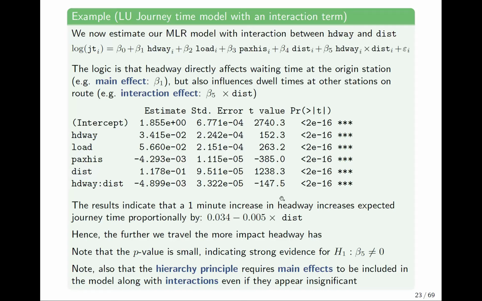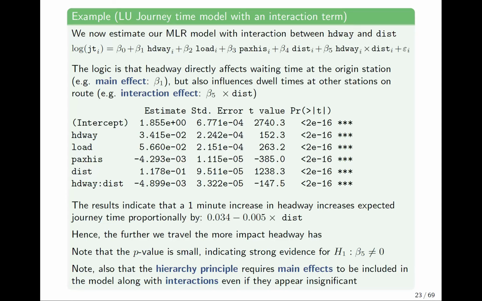Note the response is logged, so these are proportional effects as we discussed a moment ago. So hence, the further we travel, the more impact headway has, and that seems reasonable. Now note that the p-value on the interaction is very small, indicating strong evidence against the null that beta 5 is 0, so there is strong evidence of an interaction here.